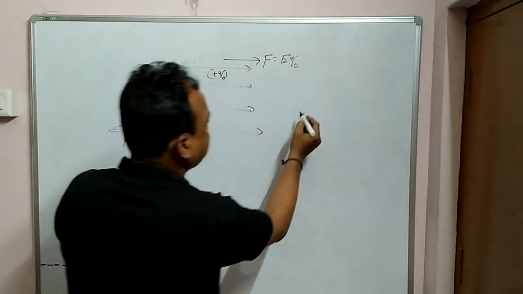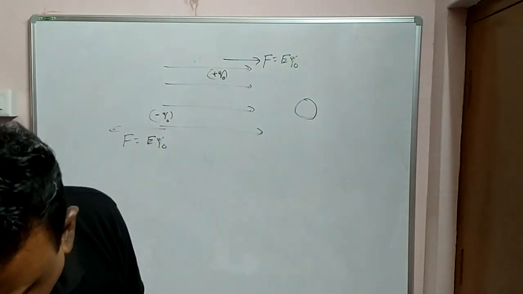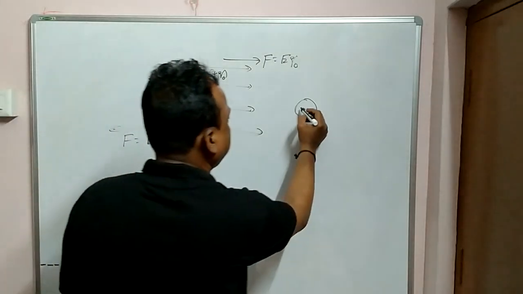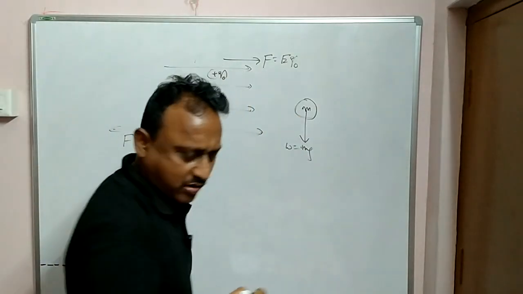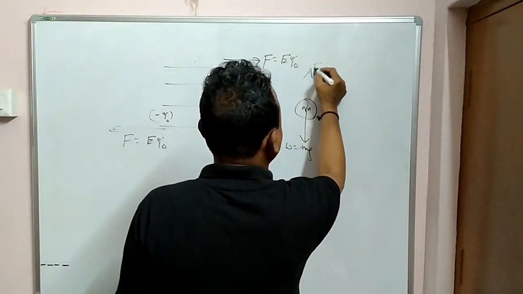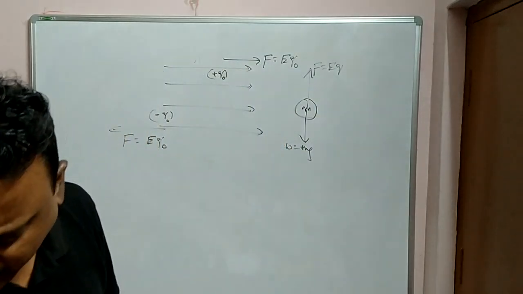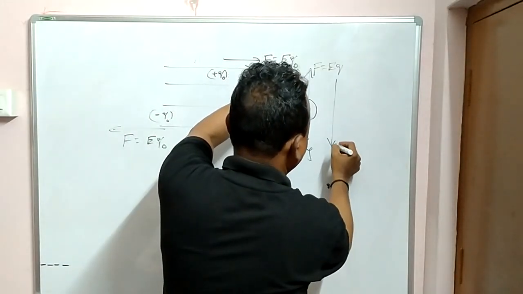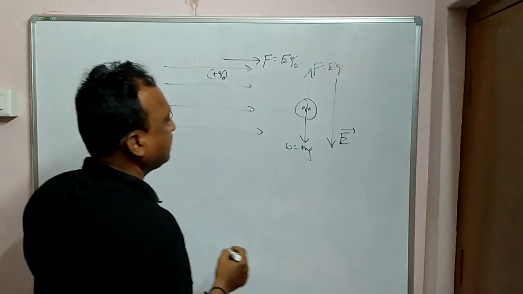Suppose you balance the equation here. Suppose this is the charged particle, let the mass be m, and let the weight mg act downward. The force will be in the opposite direction, F is equal to EQ. The force is in the opposite direction of the field.